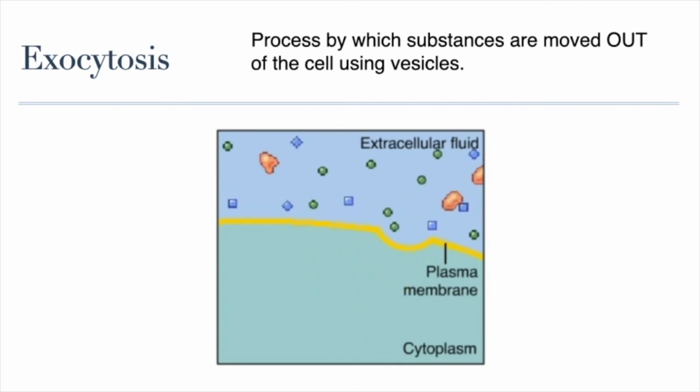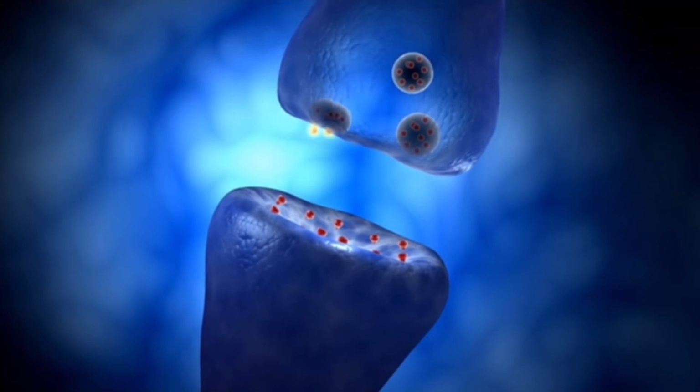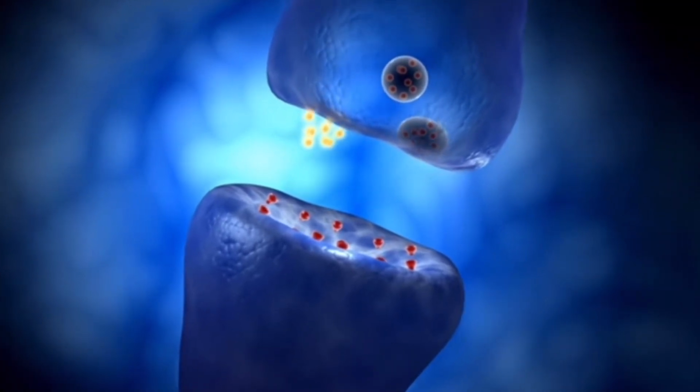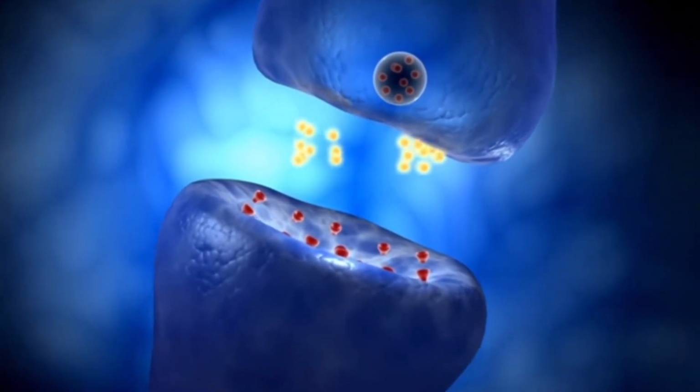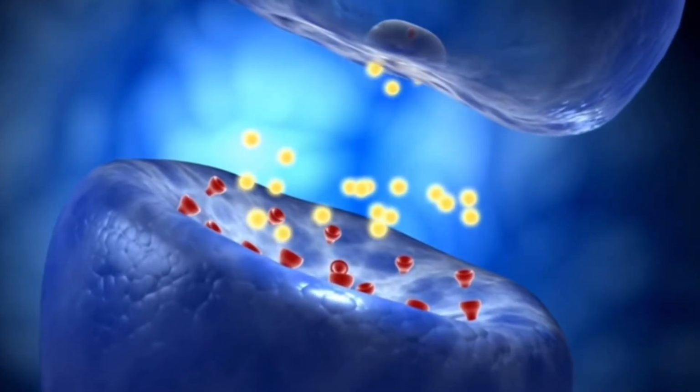For example, mucus-producing tissues, or cells in the pancreas that produce hormones and enzymes that need to move out of the cell. Exocytosis also occurs at the end of nerve cells called neurons in order to release special proteins called neurotransmitters that nerve cells use to communicate with each other.